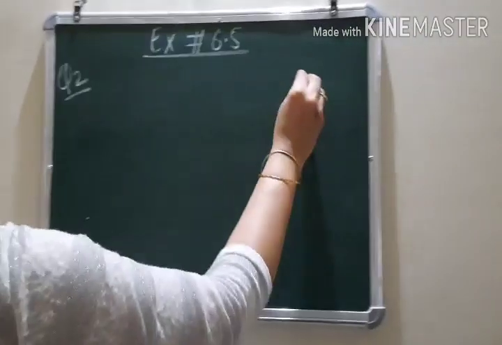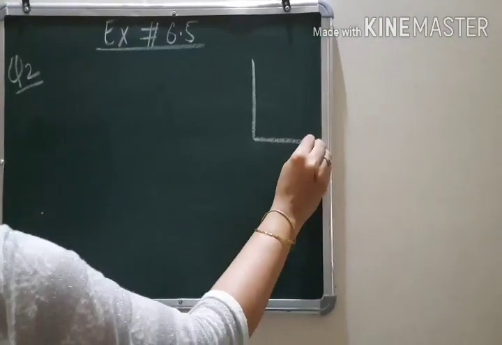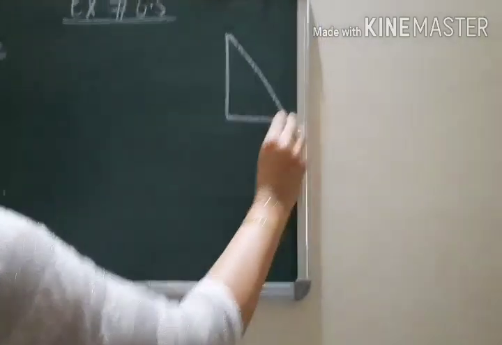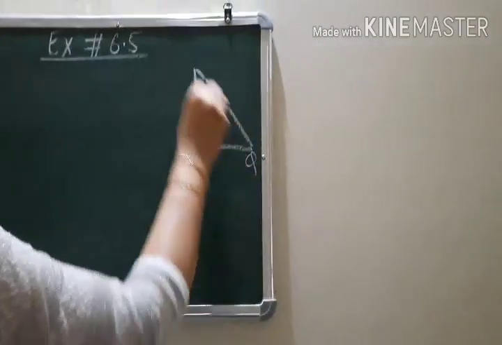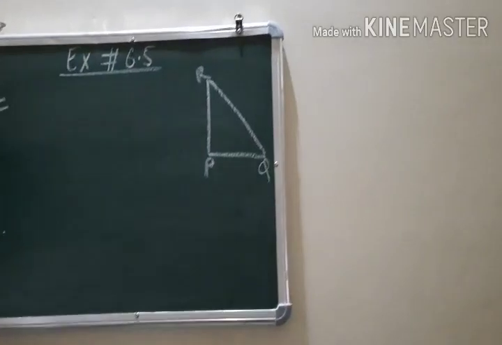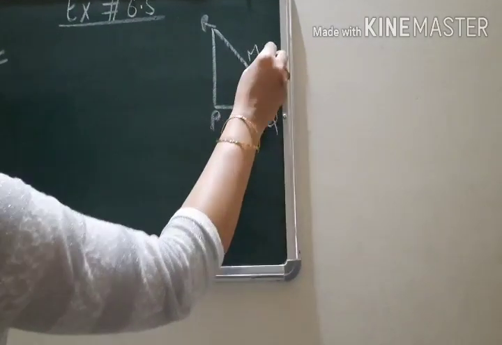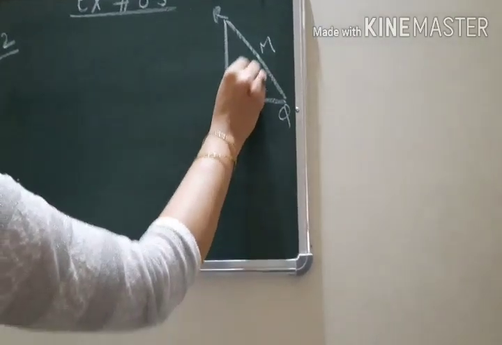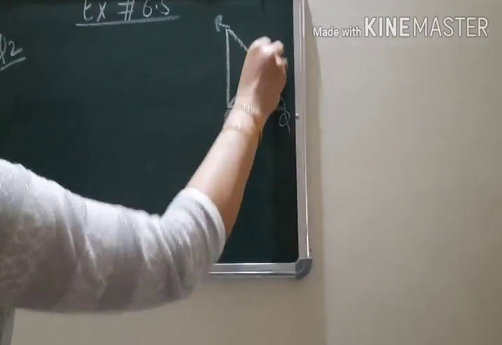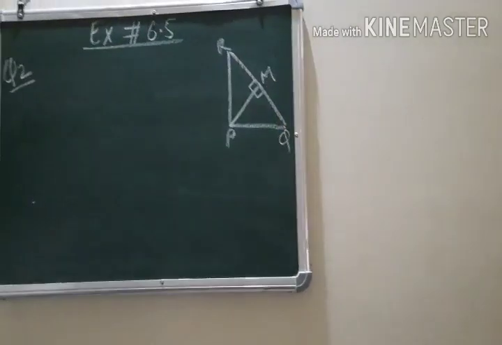PQR is a triangle right angled at P. Now PQR is a triangle which is right angled at P, and M is a point on QR such that PM is perpendicular to QR. This PM is perpendicular. Right?